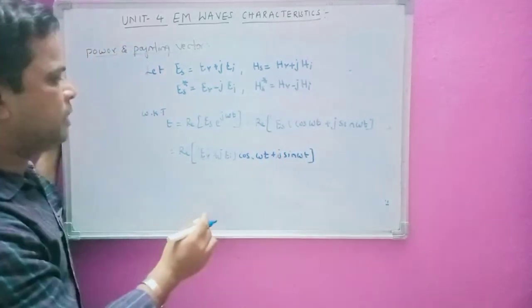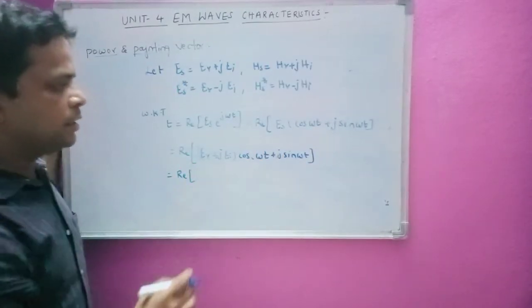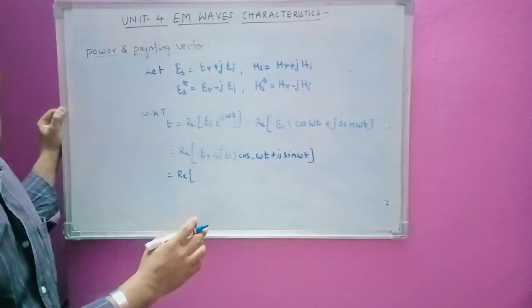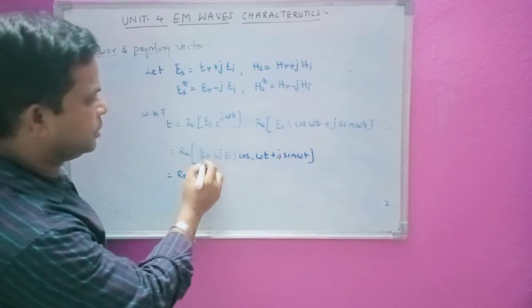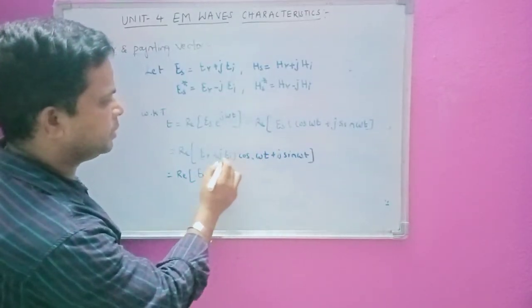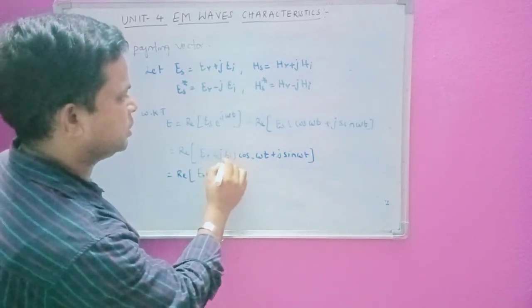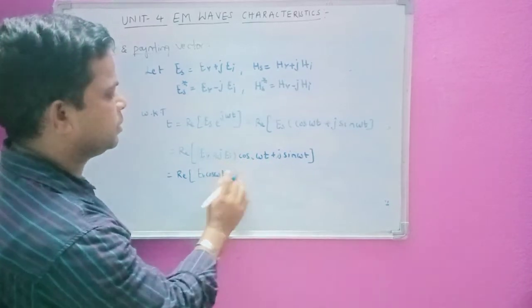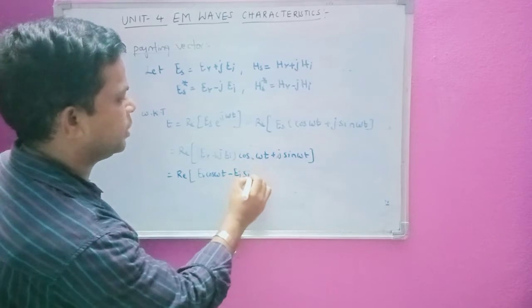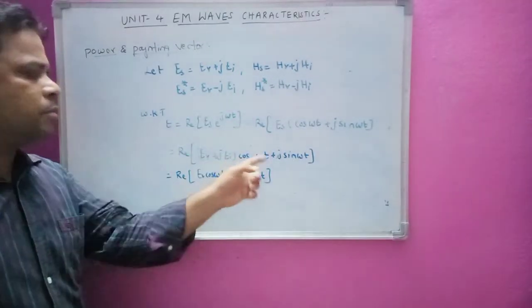So now if I multiply this equation, what I get here? The real part I have to take. That is the real part of this one I get here as Er cos omega t plus, j square is minus 1, minus j minus i, that is Ei sin omega t, and the rest of the things are the imaginary part here.